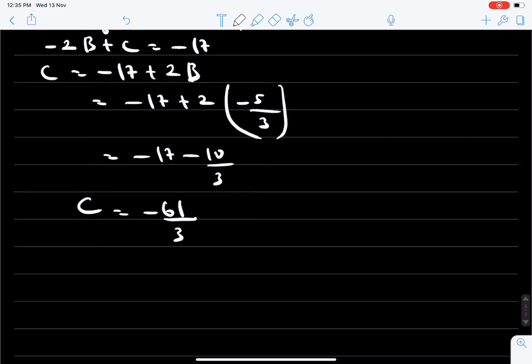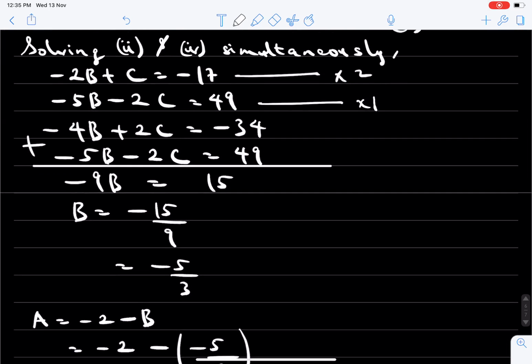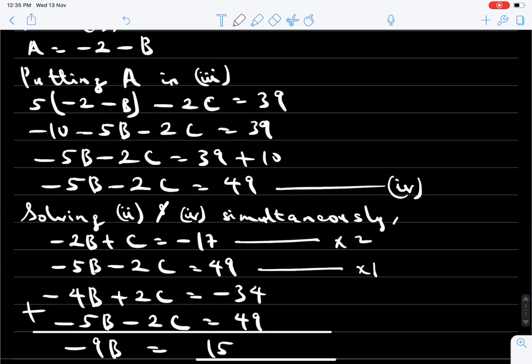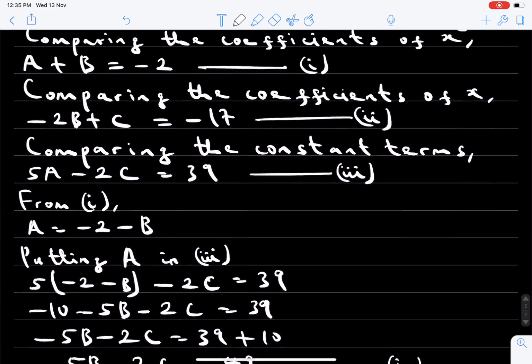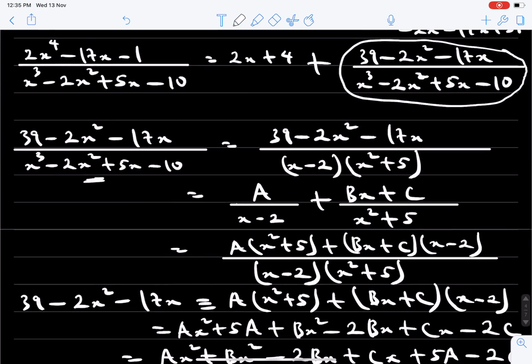So the proper fraction that we obtained when we divided the numerator by the denominator can now be split into, what's that proper fraction? 39 minus 2x squared minus 17x over x minus 2 times x squared plus 5.